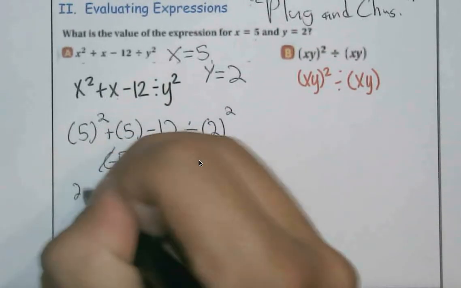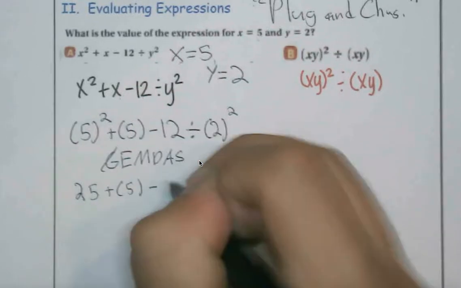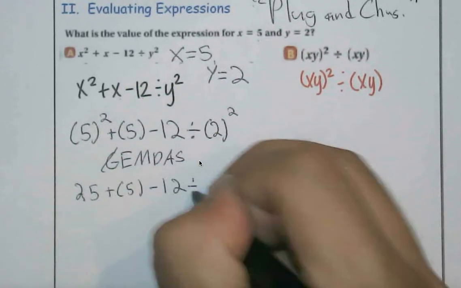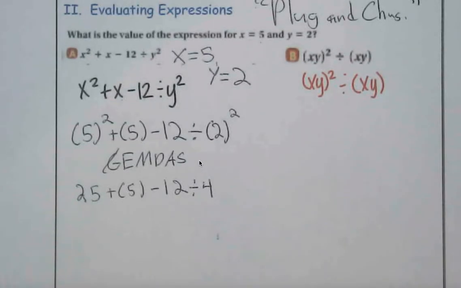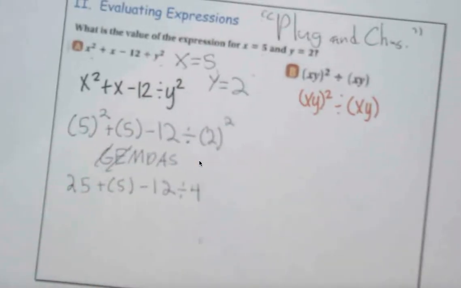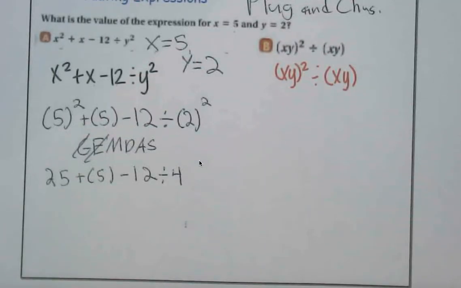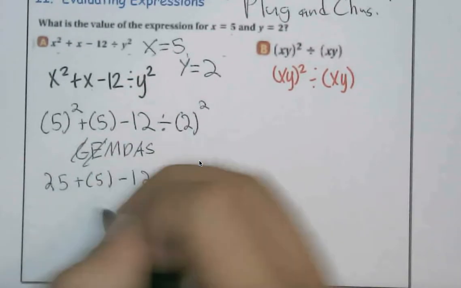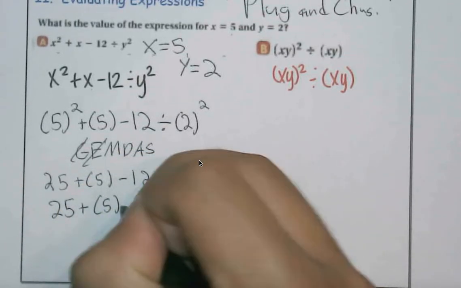So if we rewrite this, 25 plus 5 minus 12 divided by 4. Is there anything that we can multiply or divide here? Hopefully you're saying 12 and 4. So I'll keep rewriting this anytime I end up with some new closure.